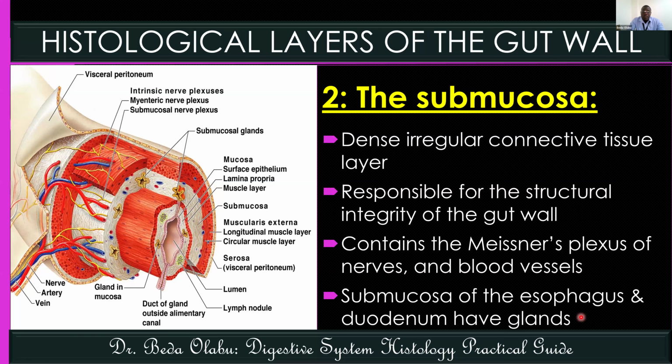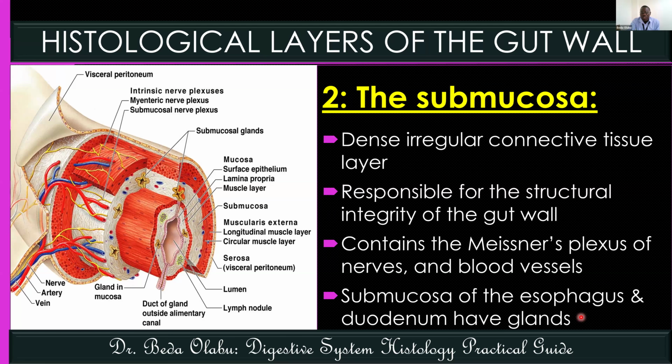So this becomes a very important distinguishing feature of these particular regions. When you see submucosal glands, then you know you are either in the esophagus or the duodenum, if you are sure this is GIT. Of course, there are other parts of the body, not necessarily limited to the GIT, that may have some glands in the submucosa.